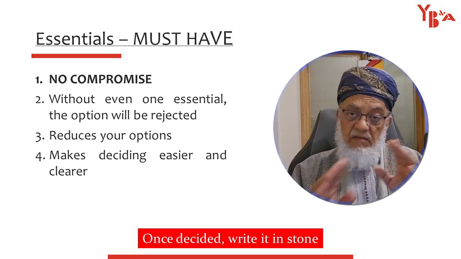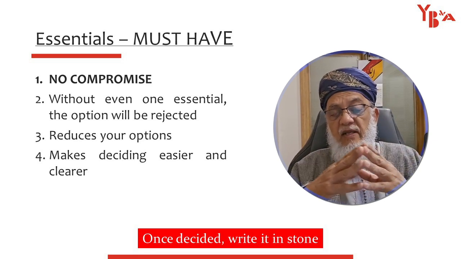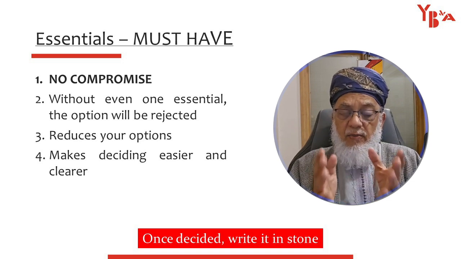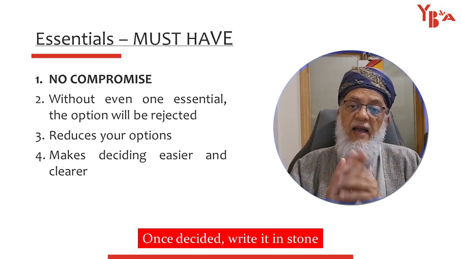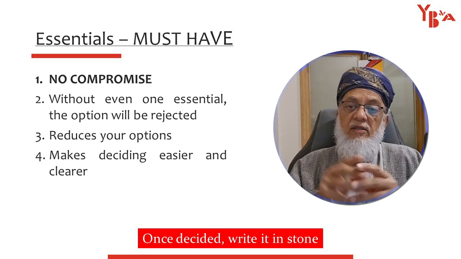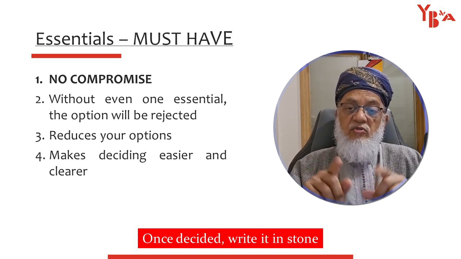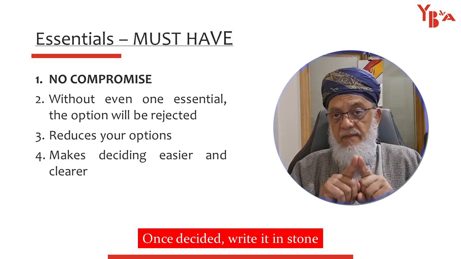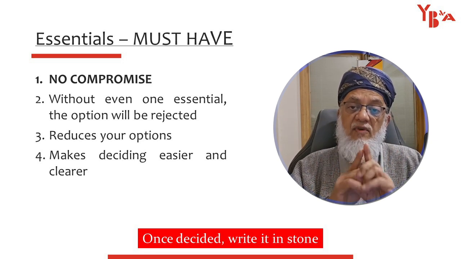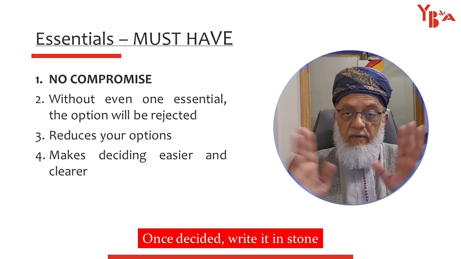As I said, essential is can't do without that, right? So, for example, using marriage as the point of decision making, you might say, well, absolutely critical and essential for me that the person I'm marrying has to be from my religion, right? So, husband or wife has to be from my religion. No compromise on that.